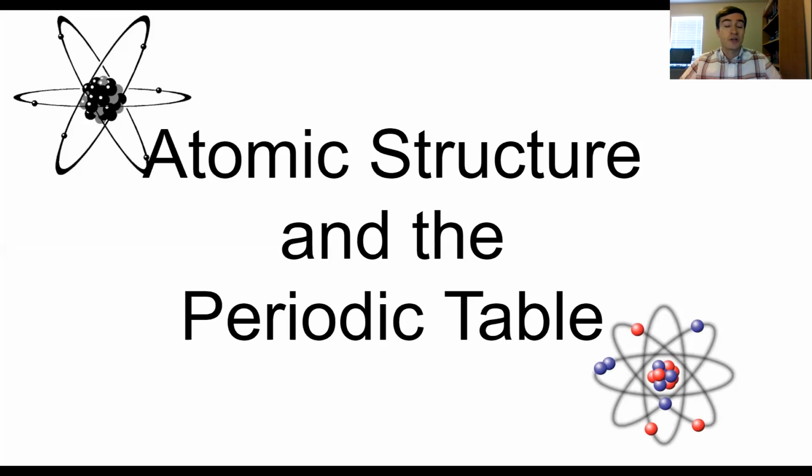Atoms are the teeny tiny, smallest particles that make up everything in not just the world, but the universe around us. Every single thing that exists is made up of atoms, whether it's air or water or you or me, your dog, the table, the computer, the stars up in the sky. It's all made out of atoms.